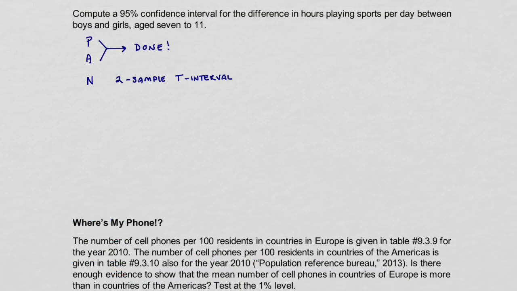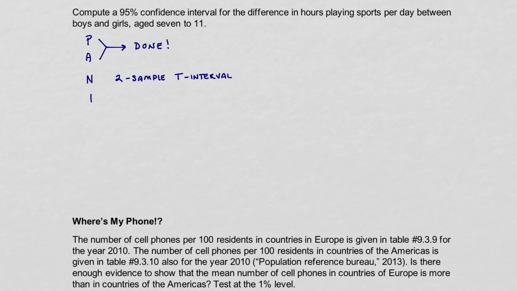Okay, so from our calculator, we were able to uncover that our interval runs from negative 0.9997 to positive 0.59971. So now that we have this information, we are able to go ahead and state our conclusion.